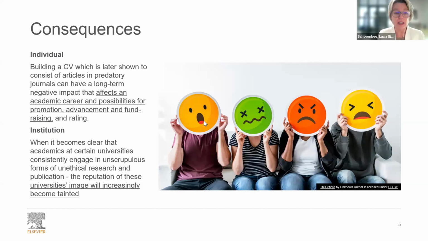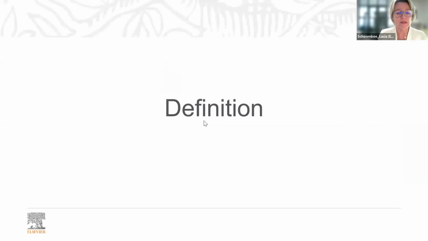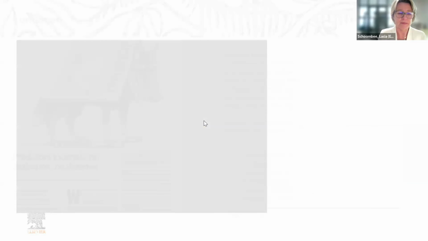But there is an expectation for researchers to make sure that they publish in high quality journals. It also has consequences for the institution. If this happens on a regular basis with a specific institution, the image of the university will increasingly become tainted. So the consequences are heavy.